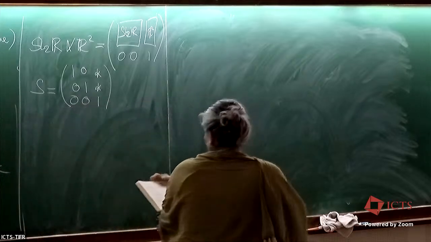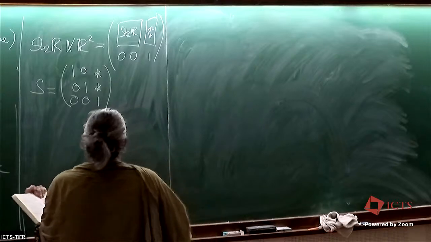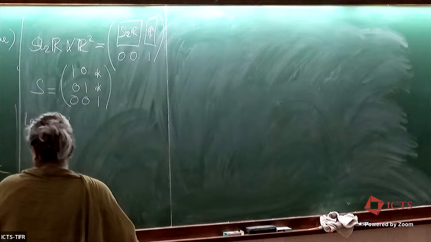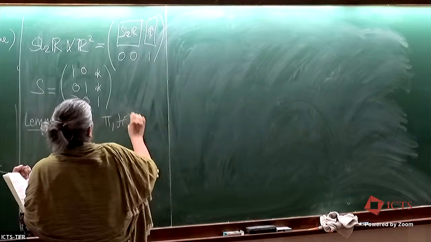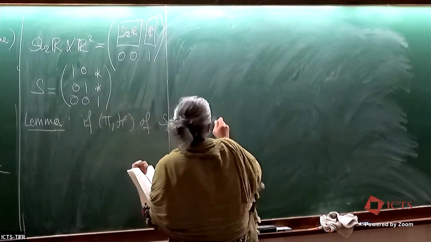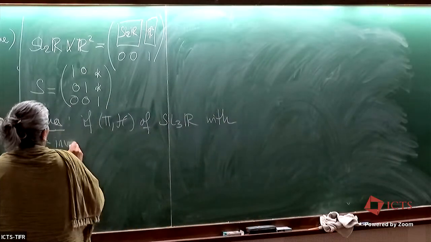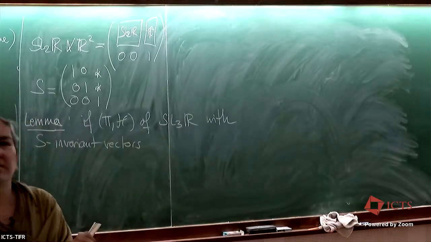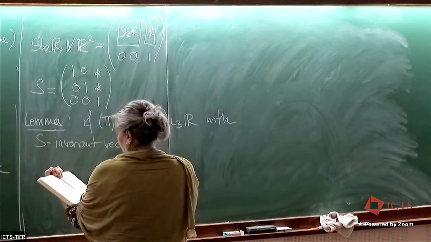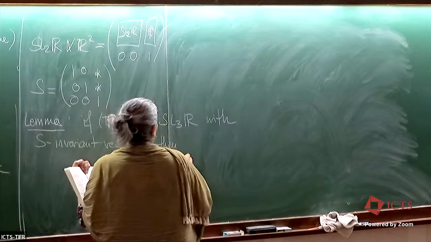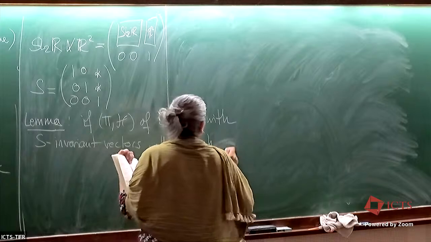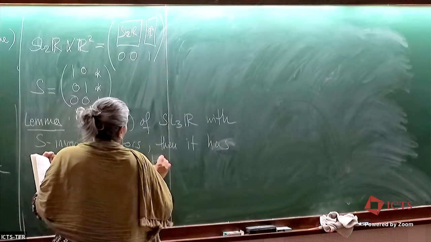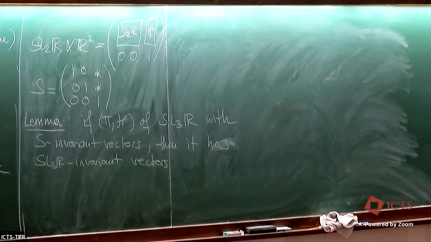And the point is, this is an important lemma: if you take a representation of SL3R with S invariant vectors, where I want to point out that S is equal to R2, so it's pretty small in SL3R, then those vectors, in fact, are SL3R invariant.